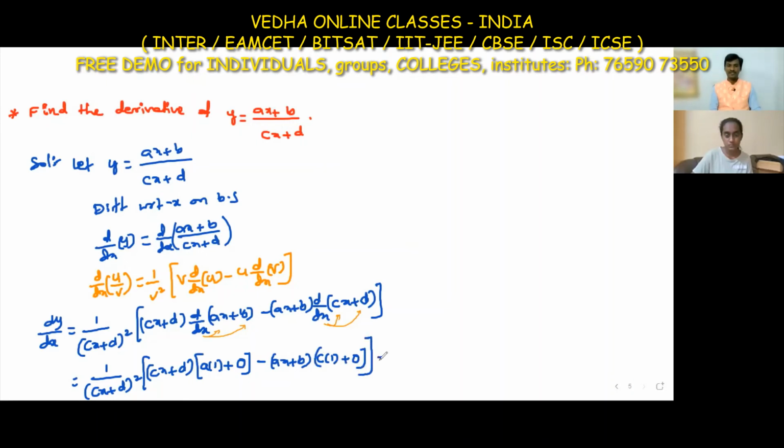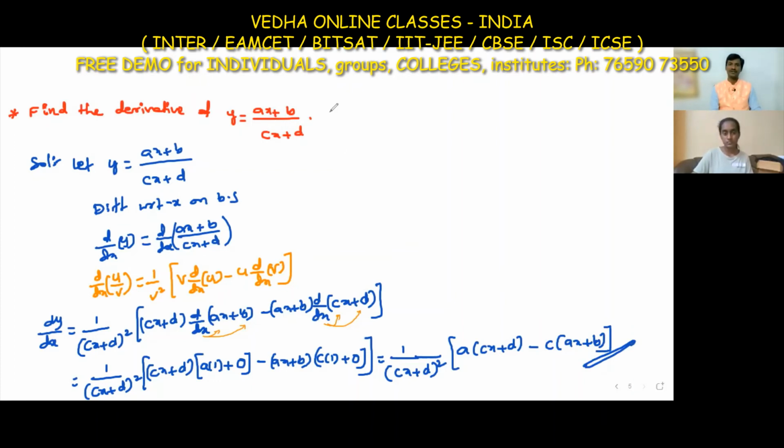Now this is equal to 1 divided by (cx plus d) whole square, into a times 1 is a plus 0 is a only, so a into (cx plus d) minus c times 1 is c plus 0 is c only, c into (ax plus b). So this is the required final answer.